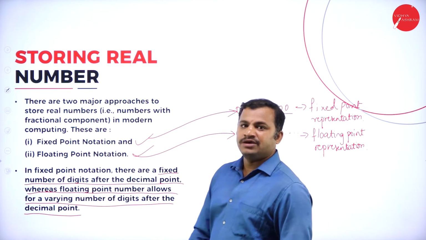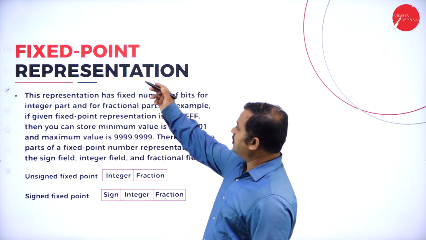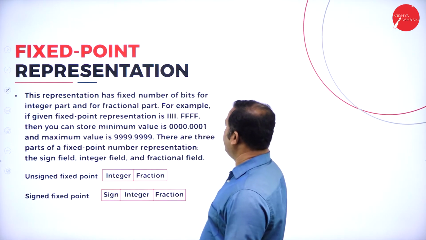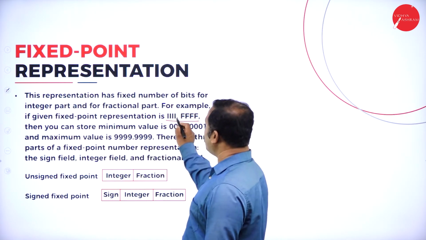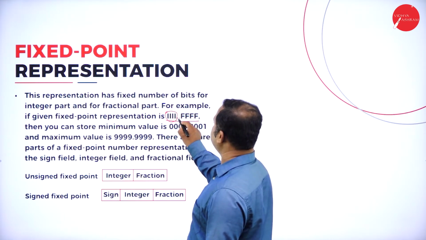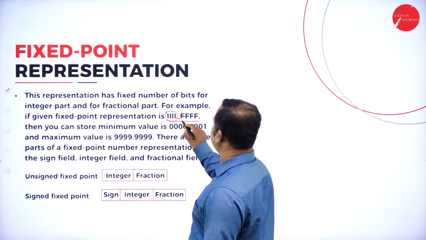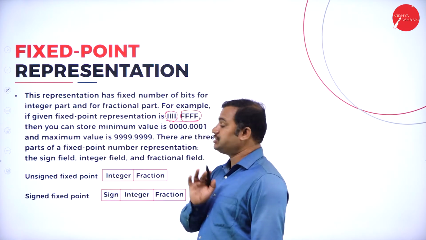If that is the case, we shall move forward and find out the next one. Here, fixed point representation. For example, this indicates the number. The number prior to the decimal point is this. The number next to the decimal point is this. That is FFFF. Now, what is the minimum value that I can store here?